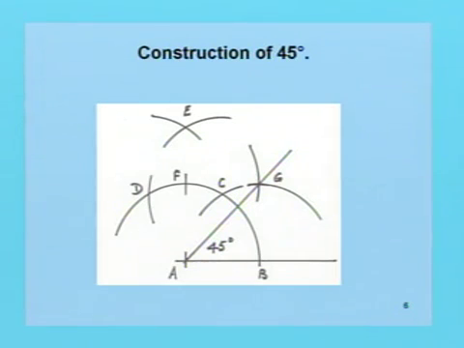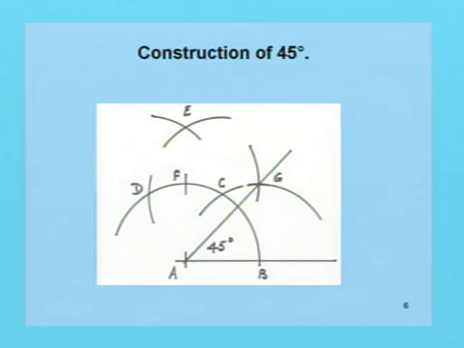Construction of 45 degrees. 45 degrees is half of 90. So once we would have constructed up to the 90 degrees, then it's easy to bisect 90, and that will give us 45. Notice the line at F. It's crossing the first arc that would have been drawn. So B to F, following the arc, B to F will give us the angle 90 degrees.